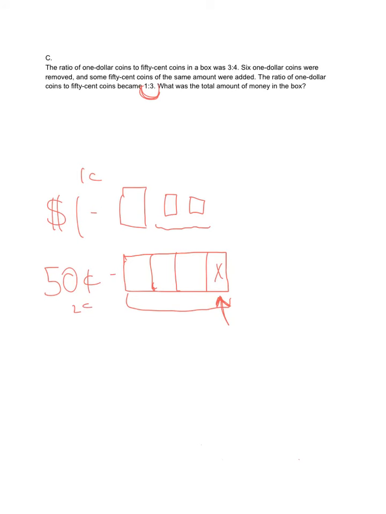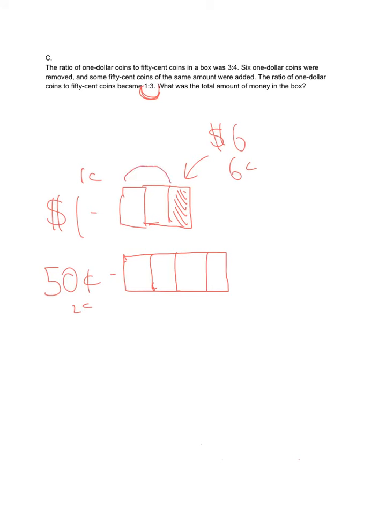So, what am I going to do instead? Well, instead of getting rid of 2 units, I'm only going to get rid of 1. So there's my 2 units back. I'm going to get rid of this one right here. So now, I've gotten rid of 1 unit, and that 1 unit is worth $6 or 6 $1 coins. So now, if I get rid of that 1 unit, I'm left with 2 units.